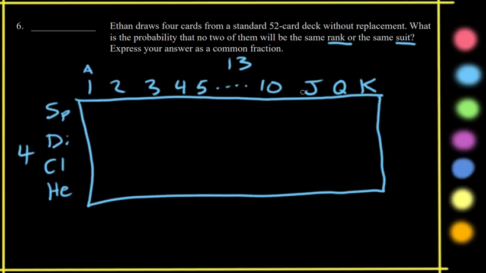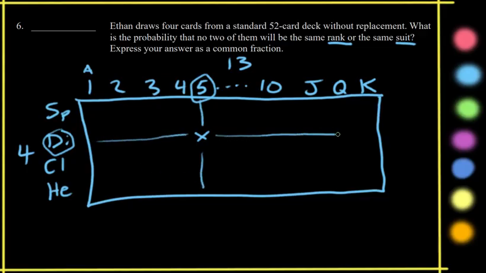So what's going to happen when he picks one card? It might be like, let's say it's a 5 of diamonds or something like that. That is going to be this card here, and that is going to kind of eliminate all the other 5s and all the other diamonds from being cards that can be picked in the future.